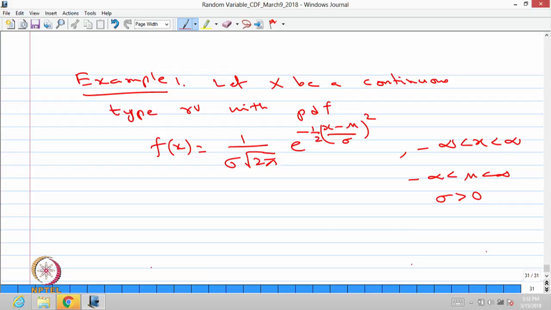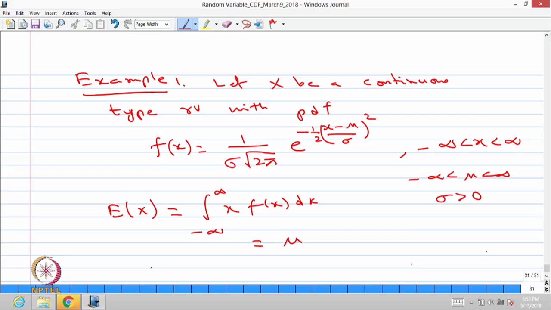In this example, if you find the expectation of x, that is, the integral from minus infinity to infinity of x times the probability density function, with the assumption that the expectation exists, we will try to find the value of the integral from minus infinity to infinity of x times f of x dx. After simplification, you can get the answer, that is mu.